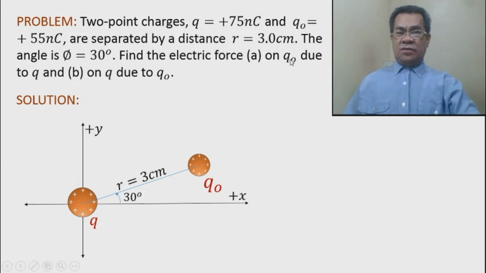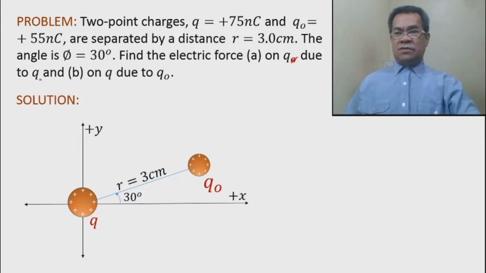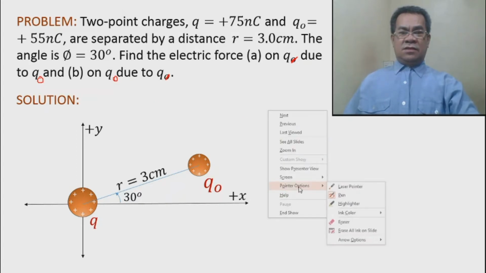This should be Q due to Q naught. Okay, I think we have to change this. This should be Q, and this should be Q naught. And this one, letter B, we have to reverse. This is now Q naught, and this is Q.